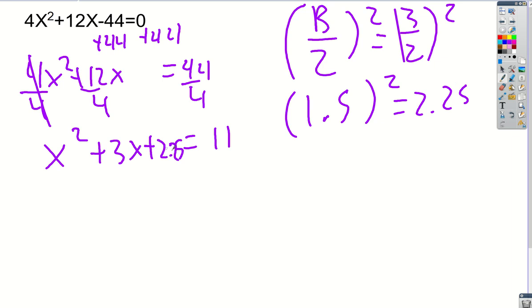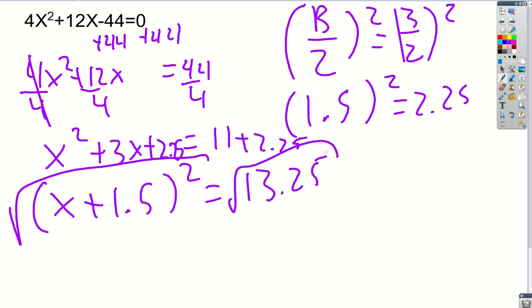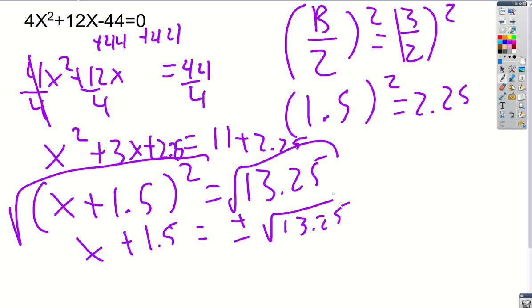But whatever I add to one side, I have to add to the other. Which means that when I factor, I have x plus 1.5 squared is equal to 13.25. Then I solve for x, square root both sides, plus or minus the square root of 13.25, and subtract 1.5 from both sides.